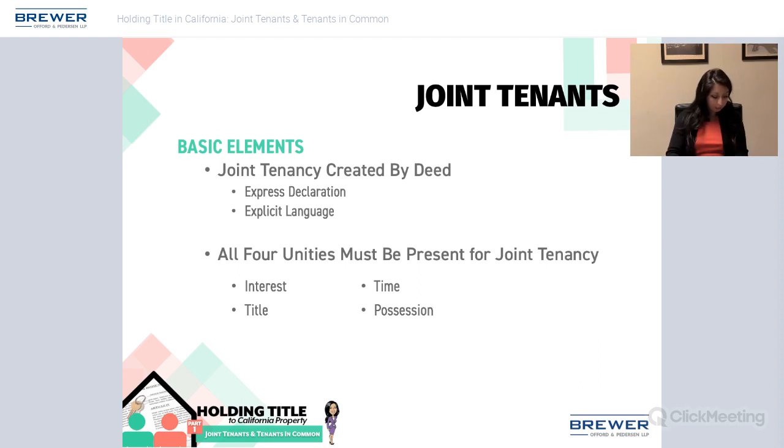Okay, and for creating a joint tenancy, there are instances that I've seen in which people, fearing that their deed, which specifically says Jane Doe and Wendy Doe as joint tenants, is not sufficient enough to be an express declaration or explicit enough language to convey that they want a JT, add a bunch of other language so that everything else is going to be created 50-50 with regard to rents or anything else.